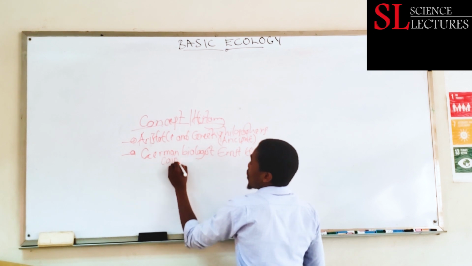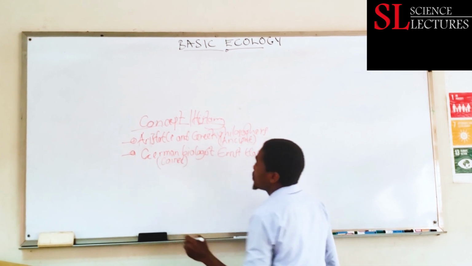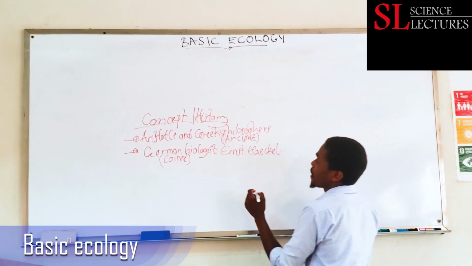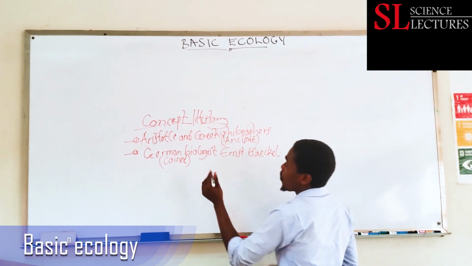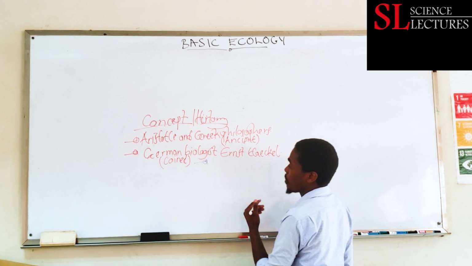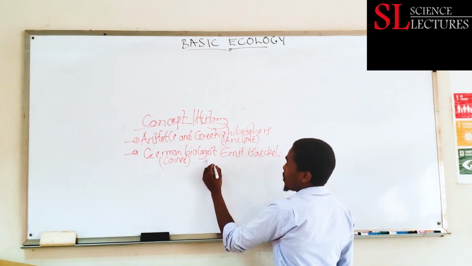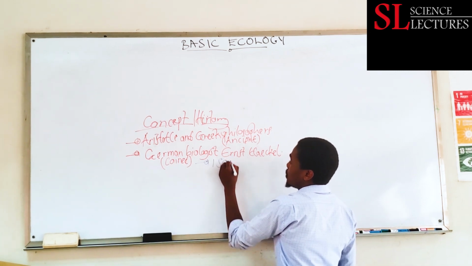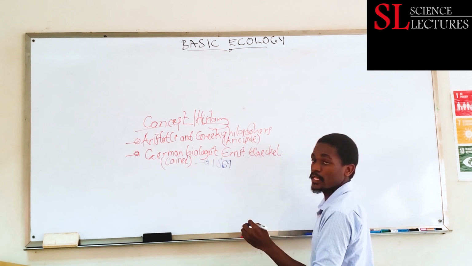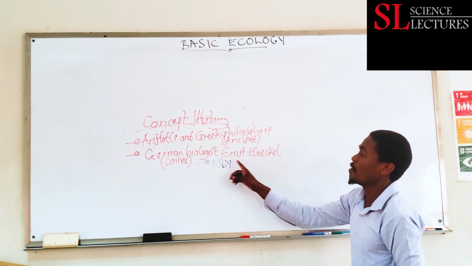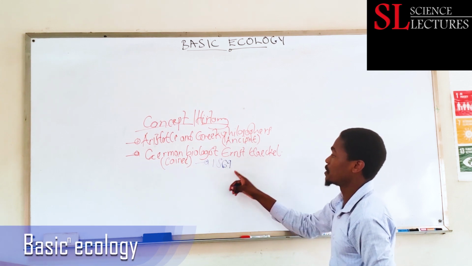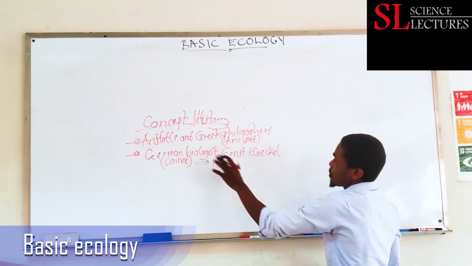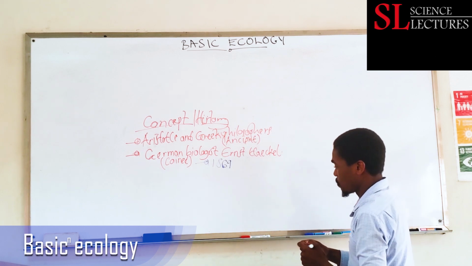He came up with the term ecology in the year 1869. So Ernst Haeckel was a German biologist who coined the term in 1869, and is the father of the concept of ecology.